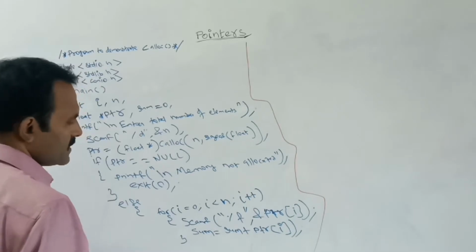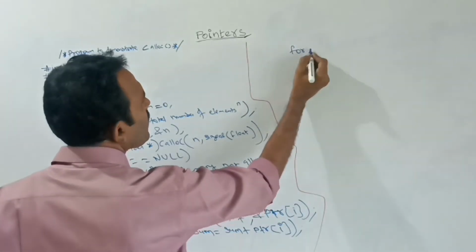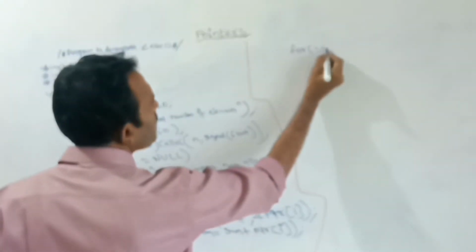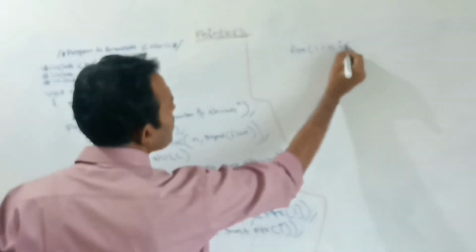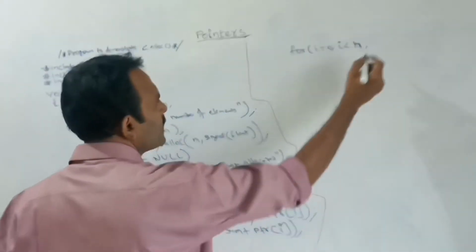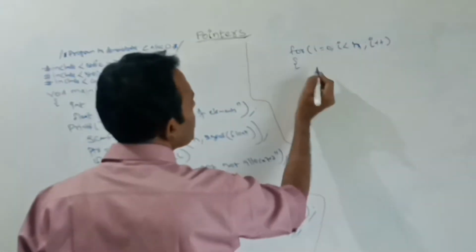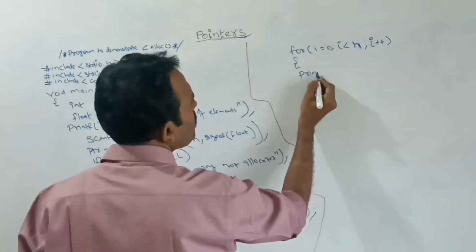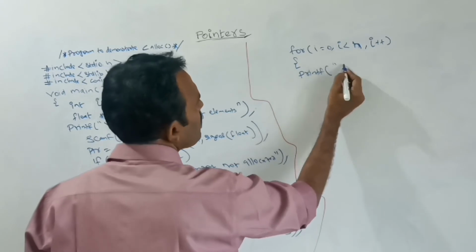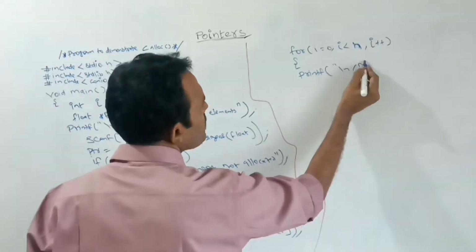After summing this, again I am creating one for loop. i is equal to 0, from the 0th location up to that number of elements. Here next, i plus plus. Here I am telling it to printf backslash n percentage of f.